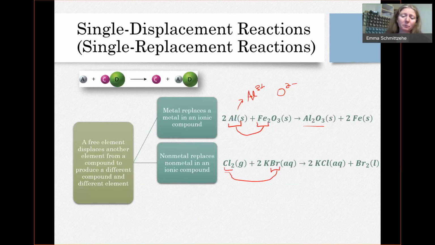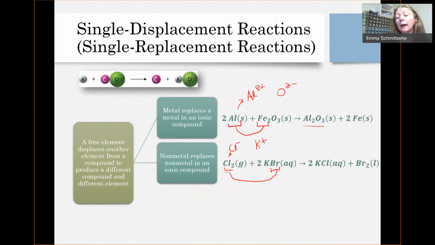And again, that product that forms is going to be based on the ions. So chlorine, when it's an ion, is Cl minus, and potassium as an ion is K plus. So that's why it forms KCl, which happens to be the same ratio as when it's with bromine, but that doesn't necessarily have to be the case depending on what non-metal it's reacting with, and what metal is there.